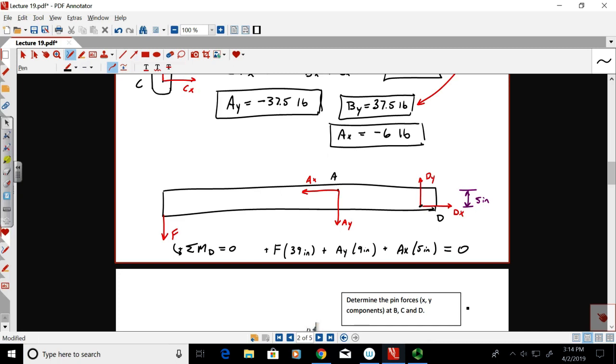Now, when I substitute for AY, I'm going to substitute minus 37.5 here. When I substitute for AX, I'm going to substitute minus 6 pounds. I think that's the easier way to do it.